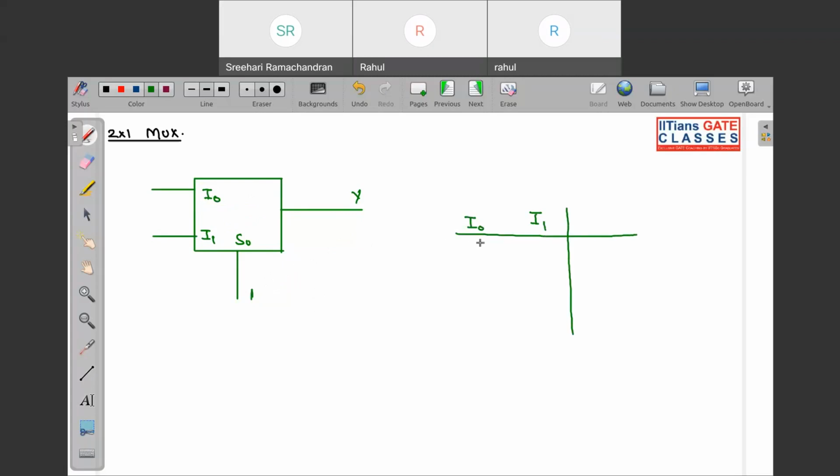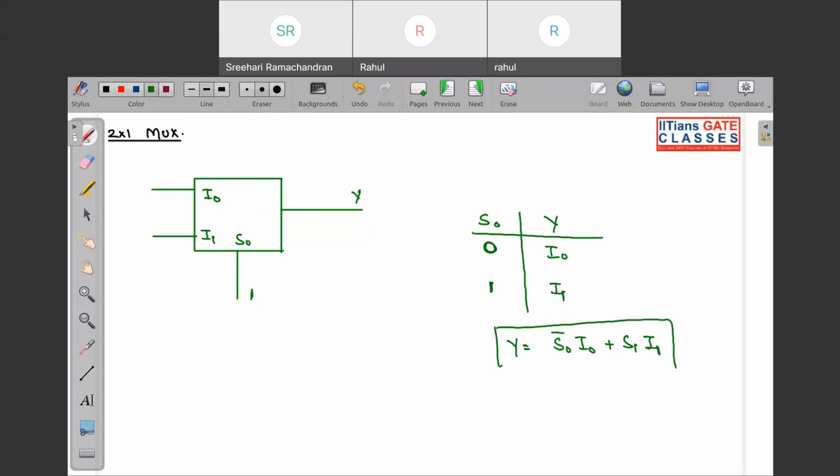When S0 is 0, Y will be equal to I0. When S0 is equal to 1, Y will be equal to I1. So you can write Y like this: S0 complement I0 plus S0 I1. This is the expression for Y.